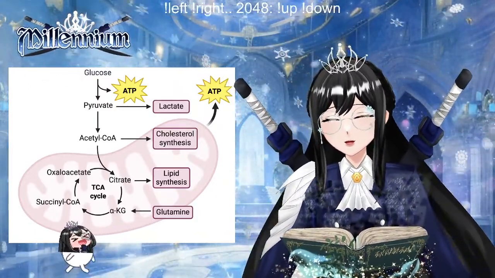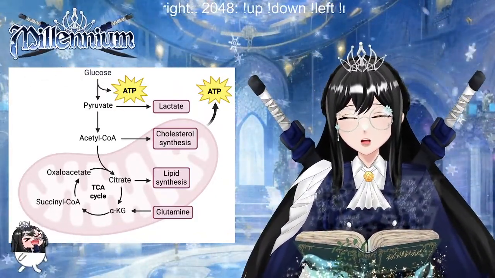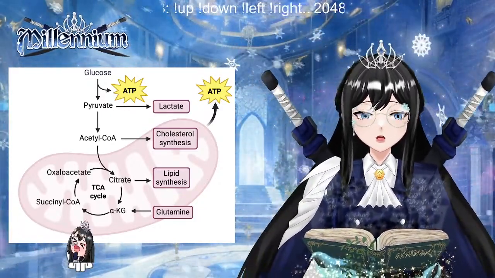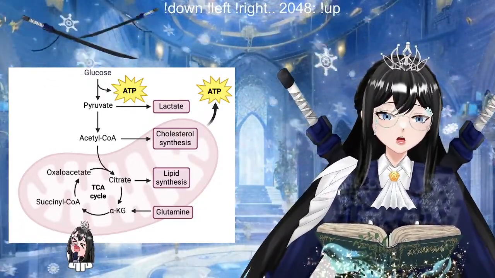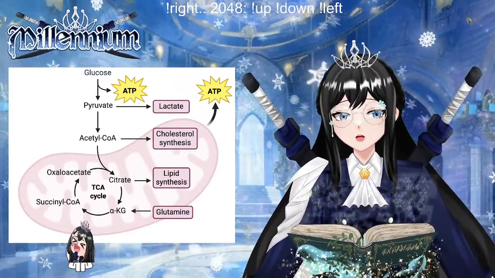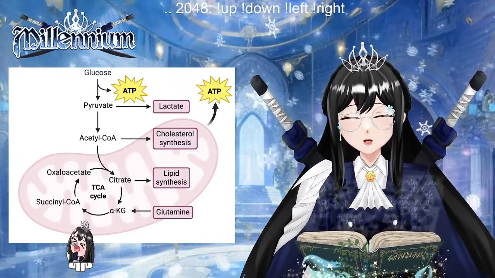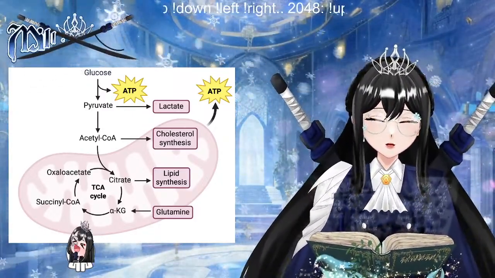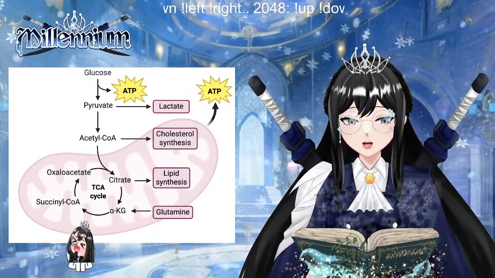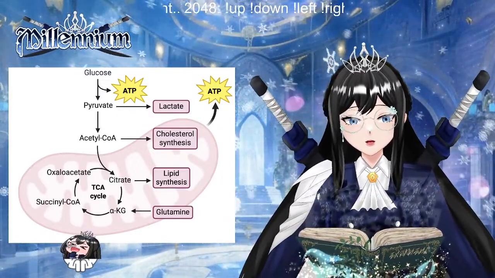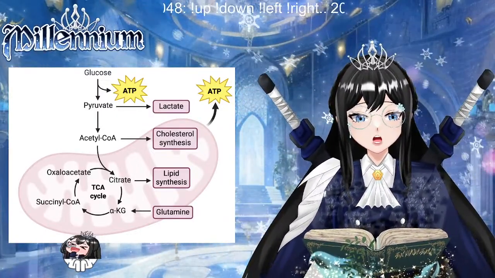Metabolism is a series of biochemical reactions that convert food or glucose and oxygen into energy. This process occurs through oxidation reactions involving the redox coenzymes, primarily NAD plus and NADH. So glucose obtained from food is oxidized in multiple ways.